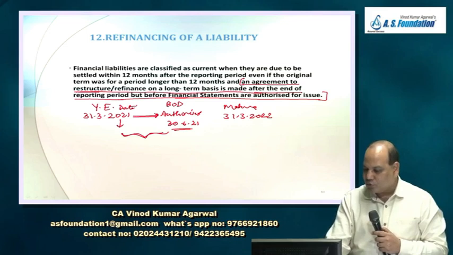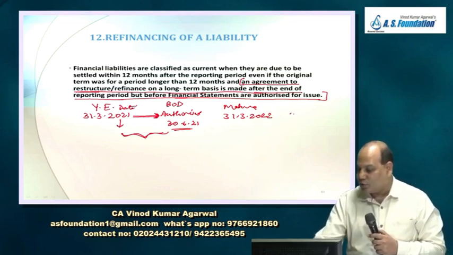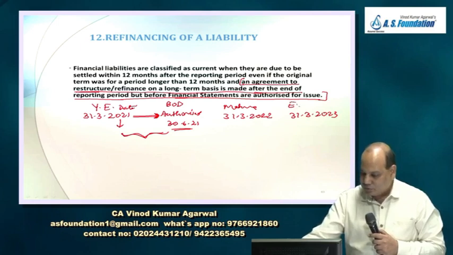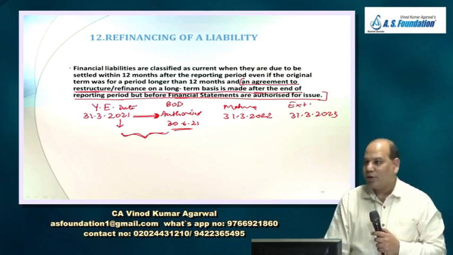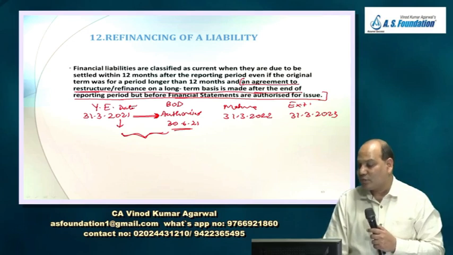Now suppose you negotiate with the bank and the bank extends the due date to 31st March 2023. The bank says, okay, we extend the due date of this loan to 31st March 23.